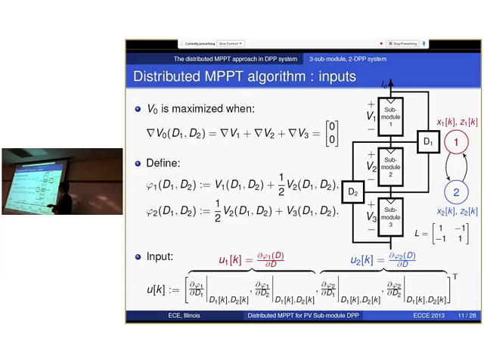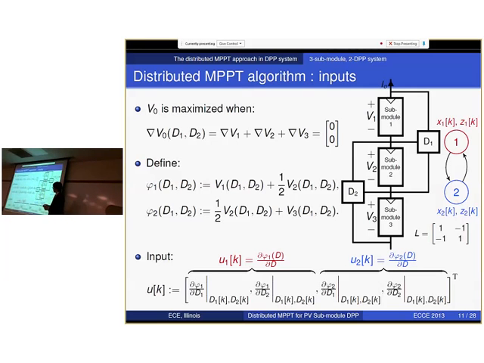To do that, we define 2 phi functions, phi1 and phi2, consisting of v1, v2, and v3. And then we define the input vector to the system to be the partial derivative of these phi functions. As you can notice here, the phi functions add up. If you add these terms together, they add up to the string voltage V0.